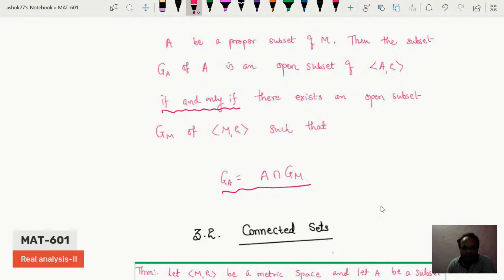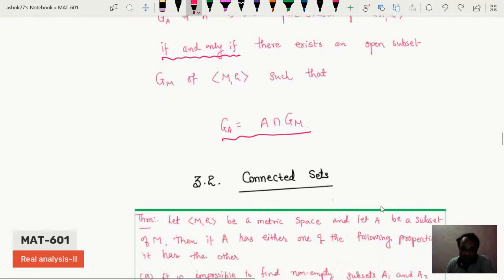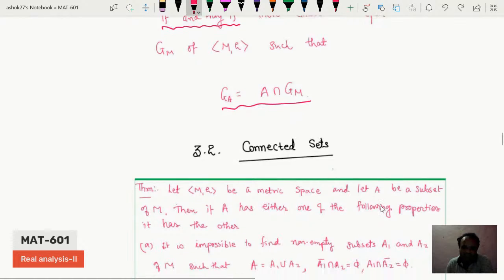This is the statement of the theorem, and we'll skip the proof, which is out of scope. We'll continue with the next topic, that is 3.2, connected sets.